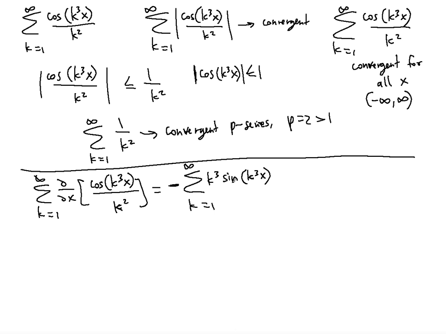But in any case, what happens to this series of derivatives? The k squared is a constant that stays there, right? We can actually simplify this. The negative sign outside, we can simplify this as k sine k to the third x, because the k to the third divided by k squared is k.